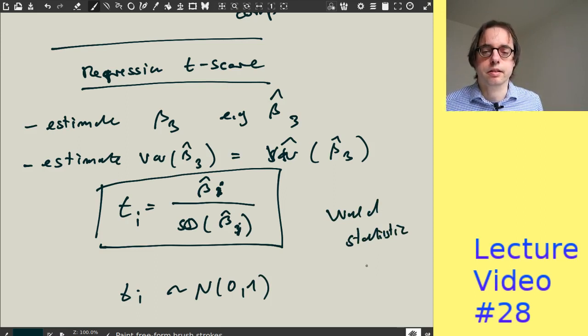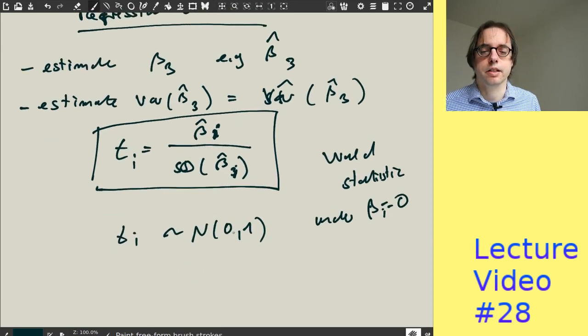For testing that beta i equals 0, it's normal distributed around 0, so N(0,1).